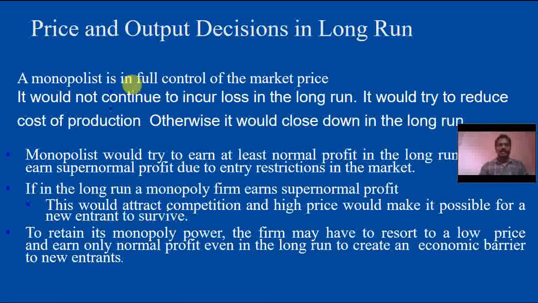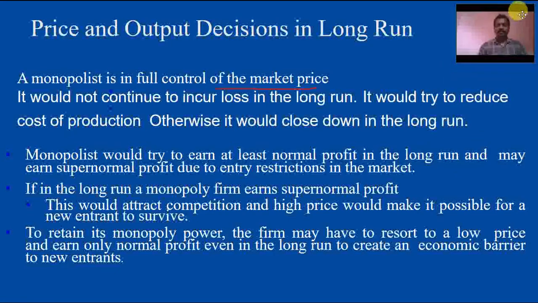The monopolist has full control of the market price because he's the only person selling the products, and he has complete control over the supply. So it would not continue to incur a loss in the long run.